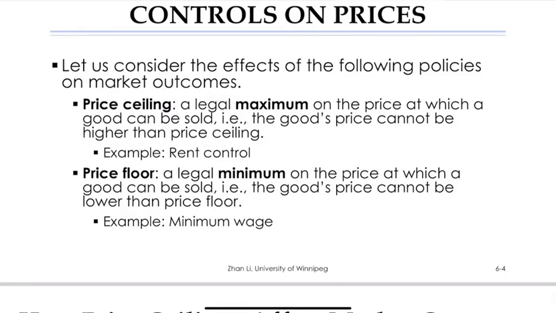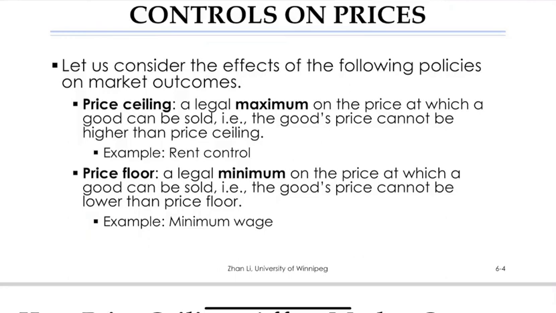This implies that the highest possible price these two-bedroom, two-bathroom apartments can be rented out for is $1,000, right? So if you want to rent it for $1,200, then it is impossible because you're in violation of this price ceiling control law.